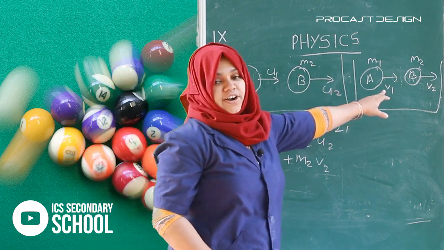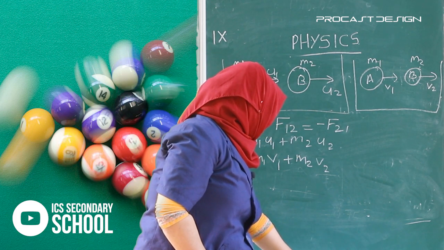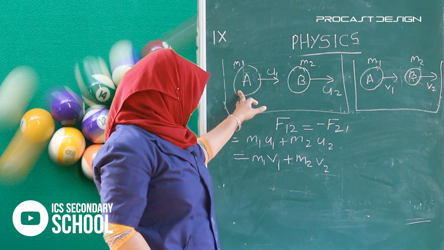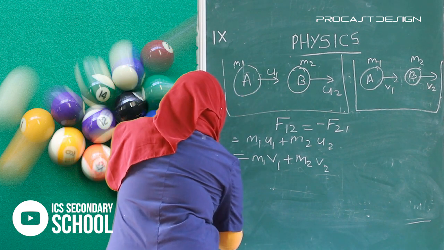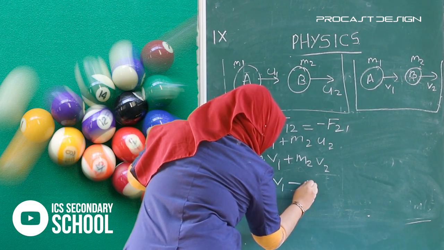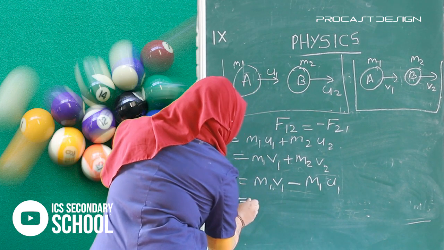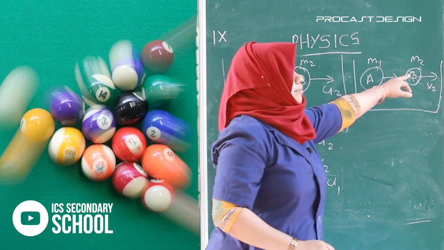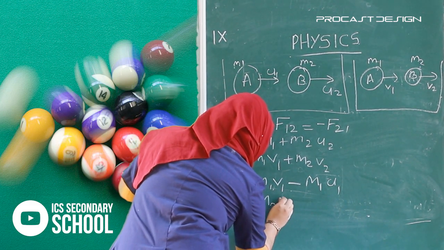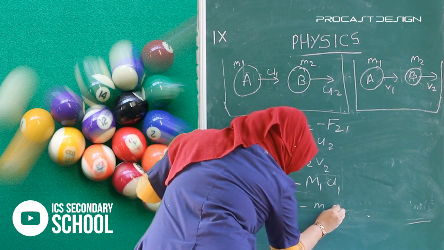Change in momentum is m1 v1 minus m1 u1. Like that, find out the equation in the case of B. In A, the change in momentum is m1 v1 minus m1 u1. In B, what is the change in momentum? m2 v2 minus m2 u2.